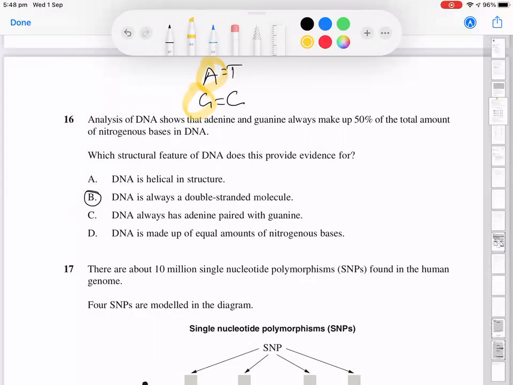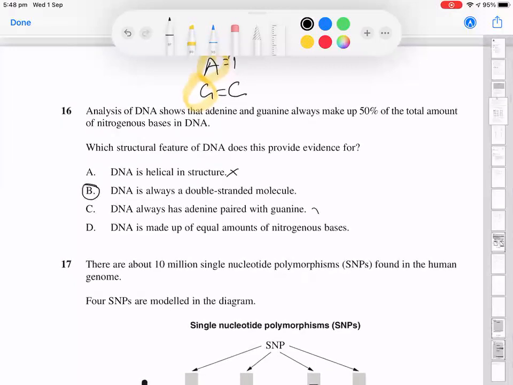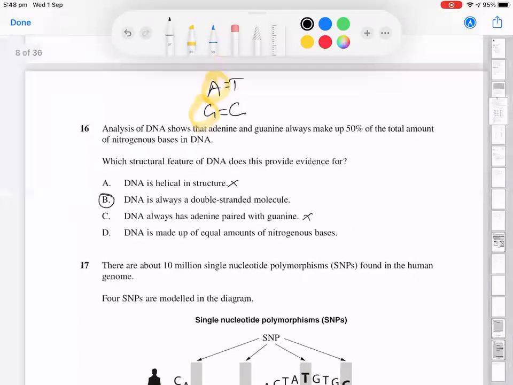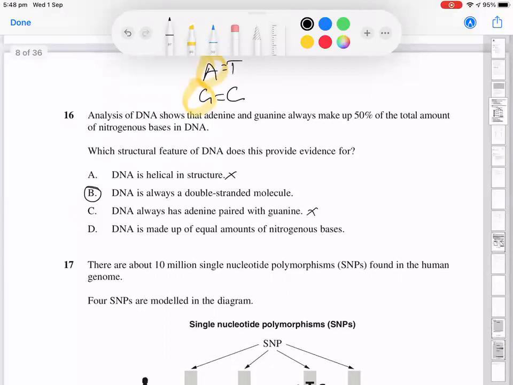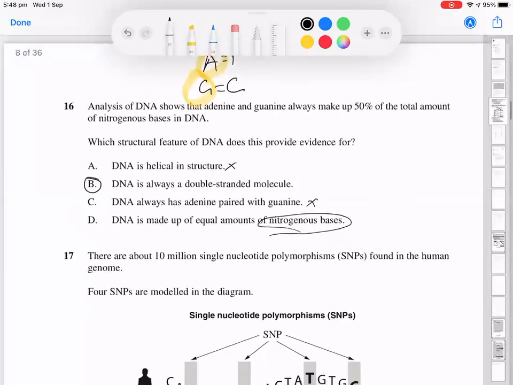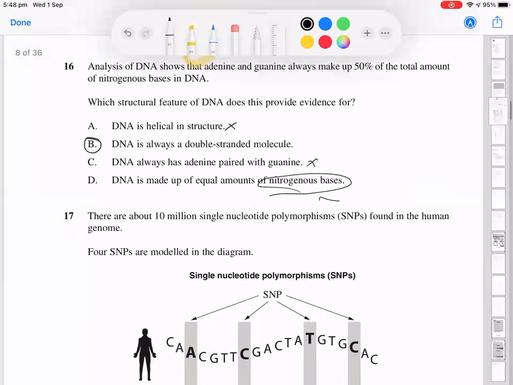And that's because DNA is double-stranded. It is also true that it's got a helical structure, but that doesn't explain our data. Adenine doesn't pair with guanine, and nitrogenous bases, that's just referring to the bases, so the individual bases, A, T, G, and C. That's quite broad.